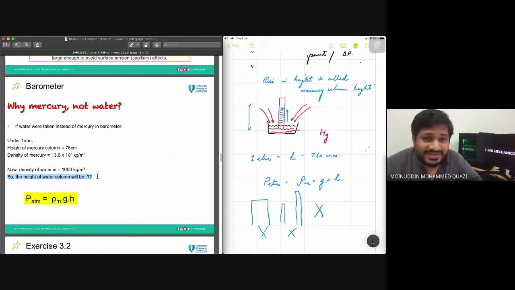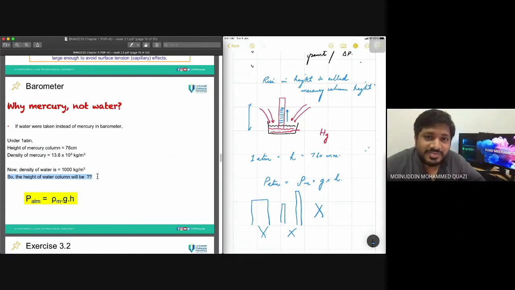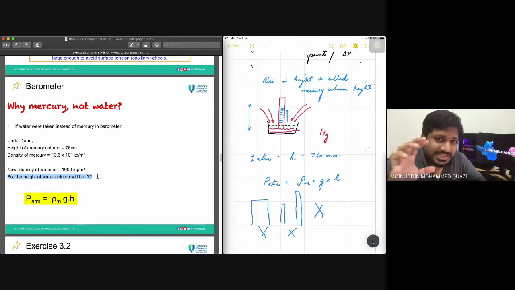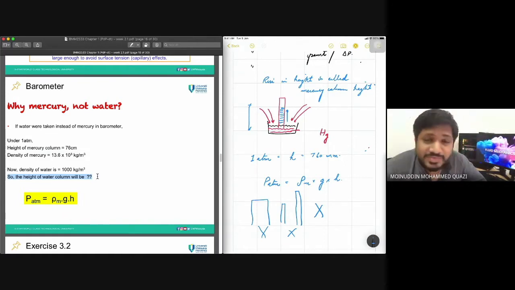So 760 multiplied by 13.6. It will be a very large tube if you want to measure atmospheric pressure. That is why we use one of the densest fluids, mercury, for measuring pressure for the atmosphere. But mercury is also used for measuring temperature for kids and for fever patients, etc.